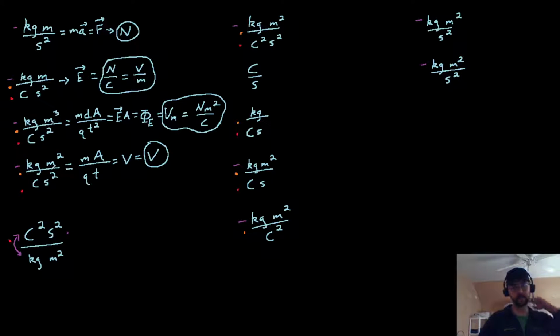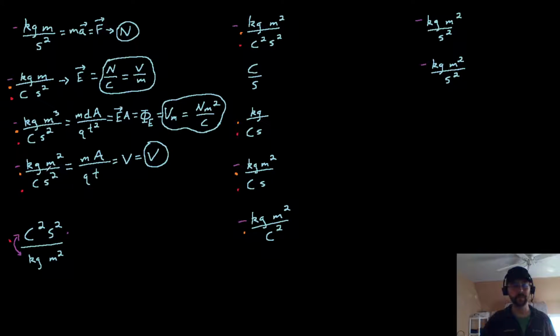Let's see. Yeah, so I'm sure there's a way to conceptualize these kilograms times meters squared per coulombs times seconds squared, but that one I don't have as good of a solution for. You could break it down into newtons per coulomb.